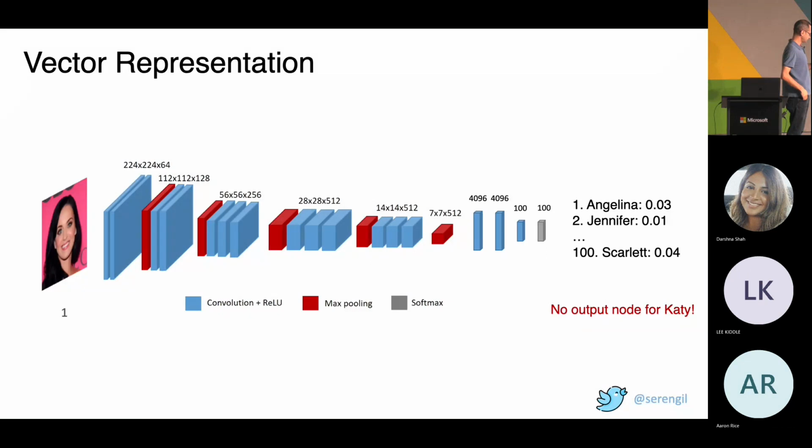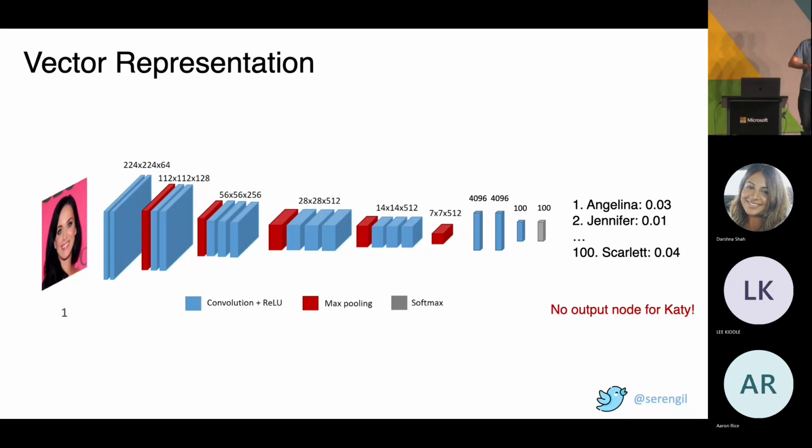As an alternative, as you mentioned, adding a corresponding node for the output is not a good choice. Here, Katy Perry joined our team, and we trained our model for 100 identities, and there is no corresponding node for Katy Perry.